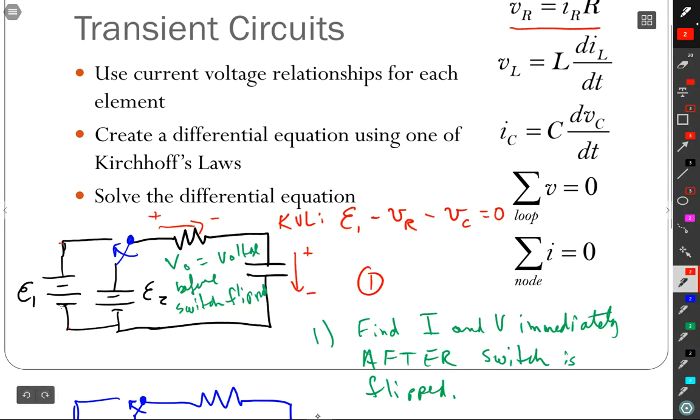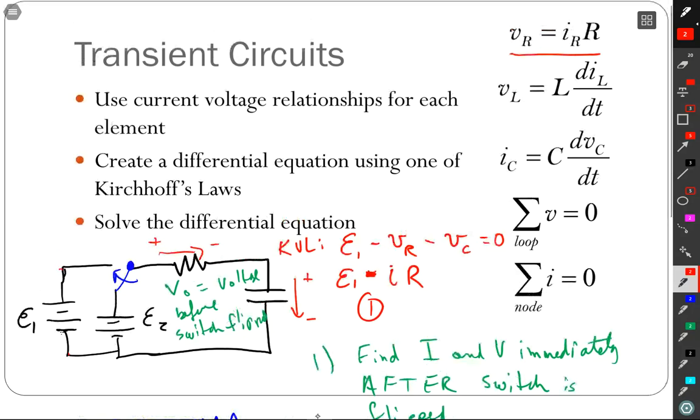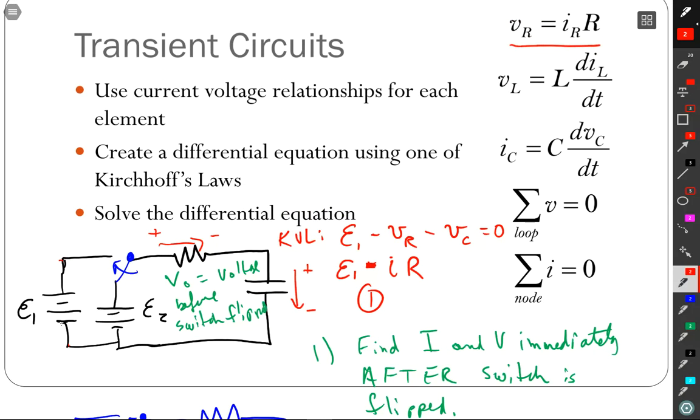And so I can substitute: equals minus IR for the voltage across the resistor. And then I don't have that kind of substitution for the capacitor, right? I just have VC. And now you should be saying, wait a minute, I still have two variables.